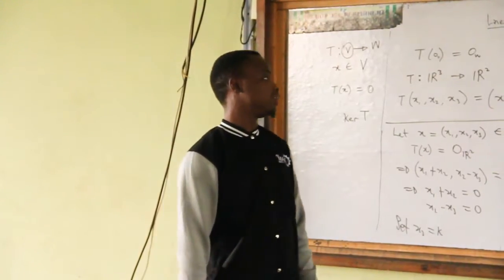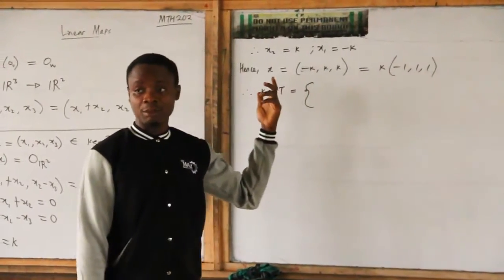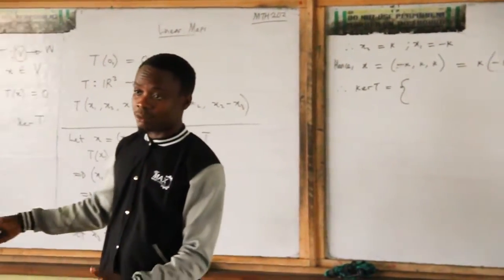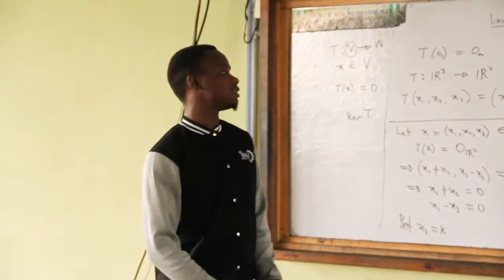How do I get to the subspace? Definitely you can see that the zero element is a member of it. One of the conditions is that the zero element has to be a member of it. You can test the other condition to see that it satisfies it.